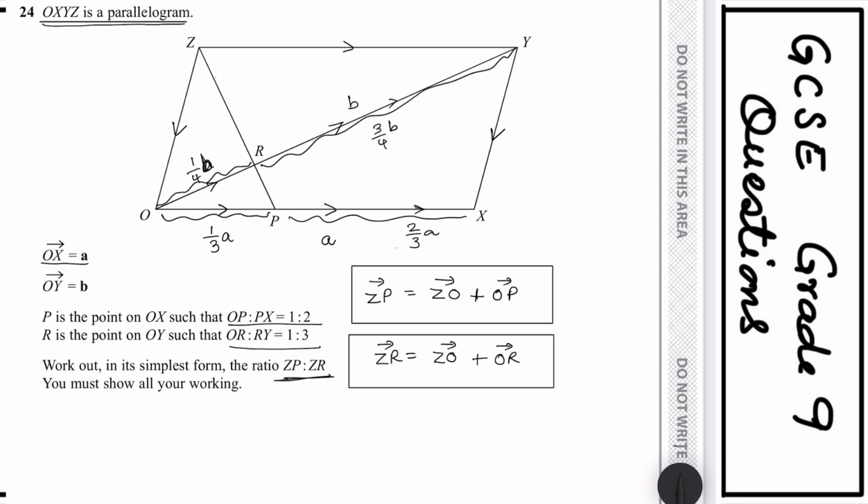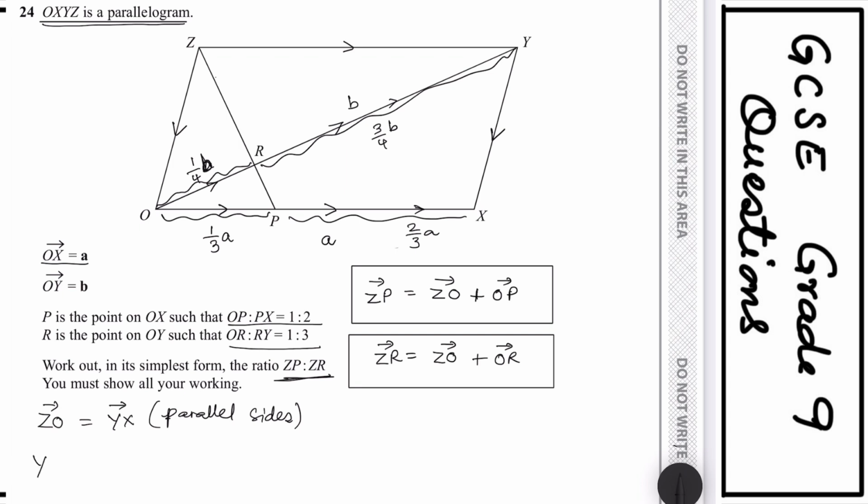So we don't have ZO, we have OP and OR in the diagram. So we are going to find ZO, and ZO is parallel to YX. They are parallel sides of the parallelogram.